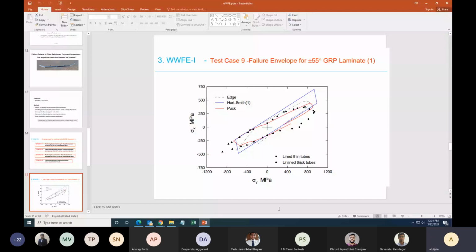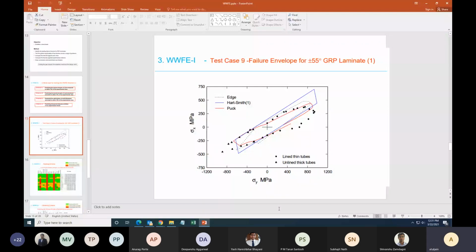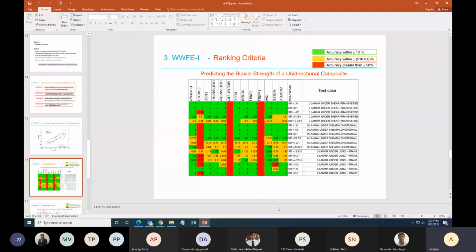The different lines are based on the different failure criteria that the different participants used. For example, the red line is by Puck, blue is Hart-Smith, the dotted line is by Edge. And based on the biaxial strength of a uniaxial composite, this is what they found out.